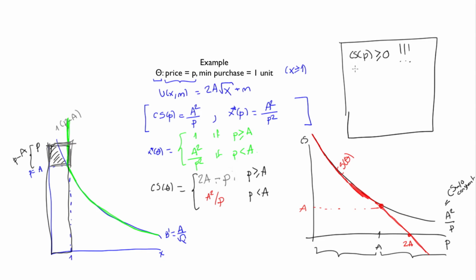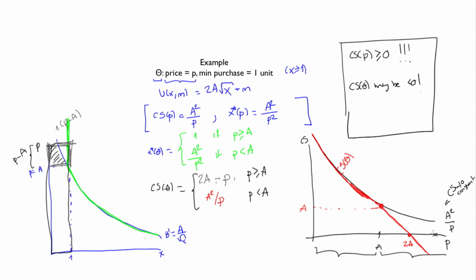Notice that CS of theta may be less than 0. So there are other situations, like for example, being forced to buy at least 1 unit when the price is out there, in which you may end up having a negative consumer surplus.